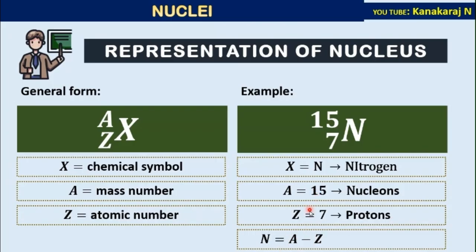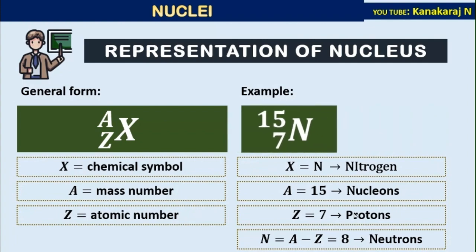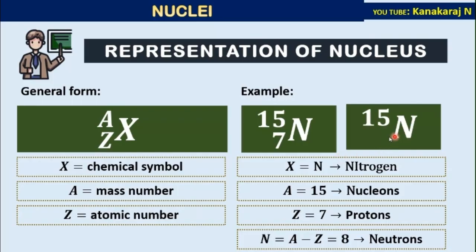N equals A minus Z. 15 minus 7 gives you 8. 8 neutrons are available. Z equals 7 definitely represents nitrogen. So, nitrogen 7, 15 can also be written as N-15.